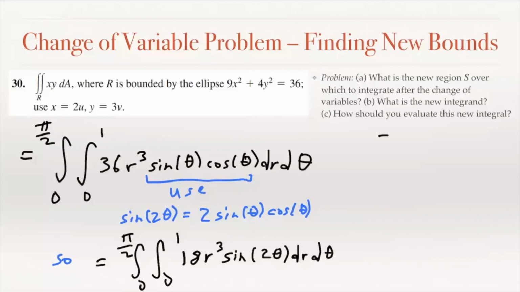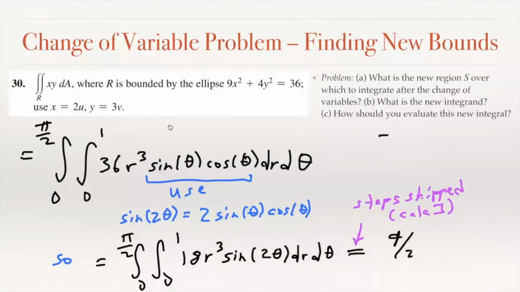So this integral is the same as the integral of 18r cubed sine 2 theta, because that guy is 1/2 times sine of 2 theta, and 36 over 2 is 18. And this we can easily integrate. Integral of sine 2 theta d theta is negative 1/2 cosine 2 theta. So we can do that, and we end up getting 9/2.